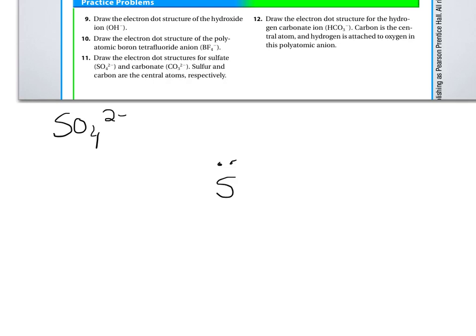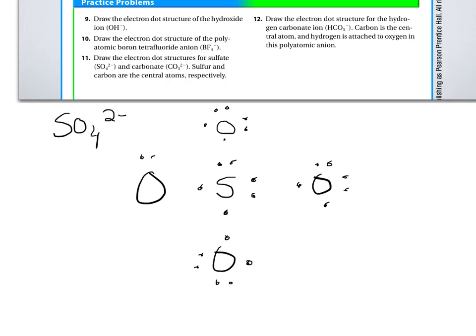It's got its 6 electrons, and it is surrounded by 4 oxygens. So let's put these here, each with 6.